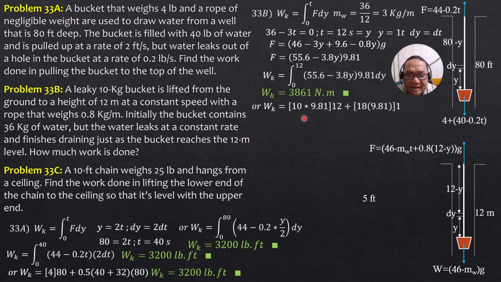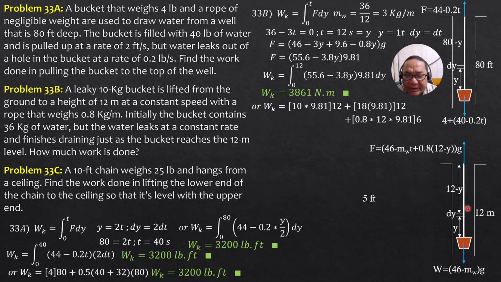So work is, this is the constant mass of the bucket, 10 times 9.81, so that's the weight of the bucket, times distance 12, plus the average mass of the water, (36 + 0)/2, so 18 kilograms, times acceleration due to gravity, 9.81, times 12, then plus that of the rope, 0.8 times 12, this is the mass of the rope, times 9.81, the weight of the rope.